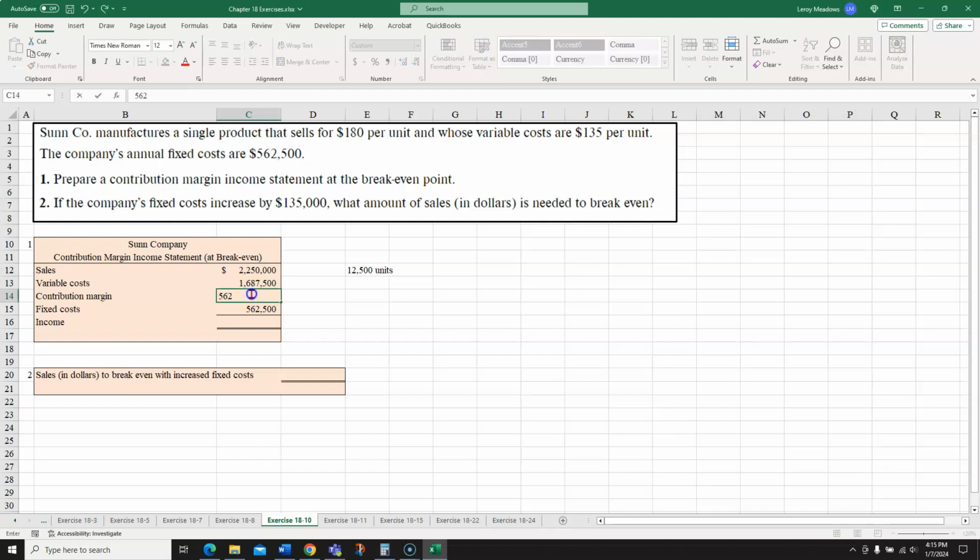So $562,500 minus my fixed costs gives me 0. So here, at the break-even point, this is what my contribution margin income statement would look like. Sales minus variable costs, getting my contribution margin, minus my fixed costs equals income.